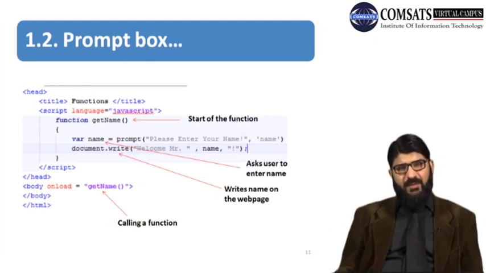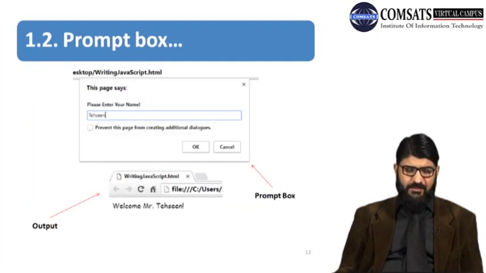Let's see what the output of the prompt box will be. Here you can see the prompt box is showing "Please enter your name", and I have given my name and pressed the OK button.